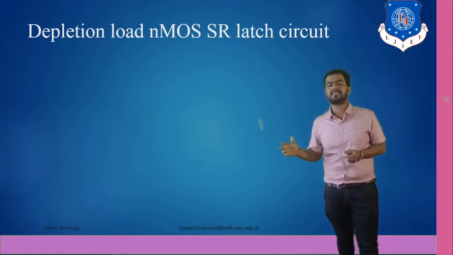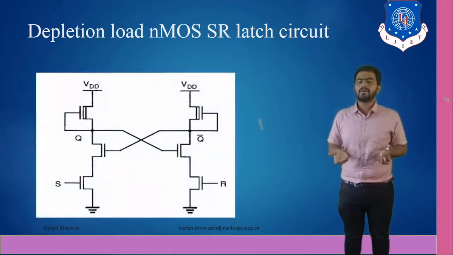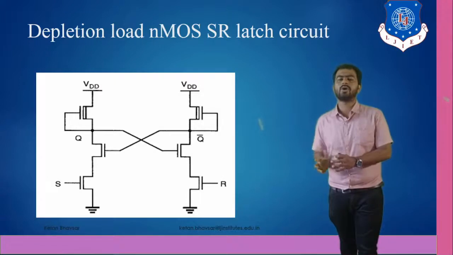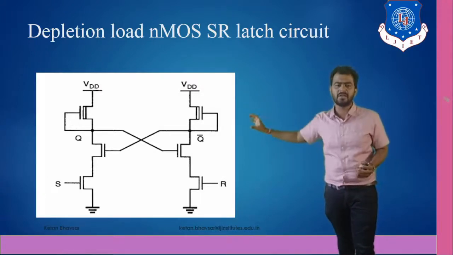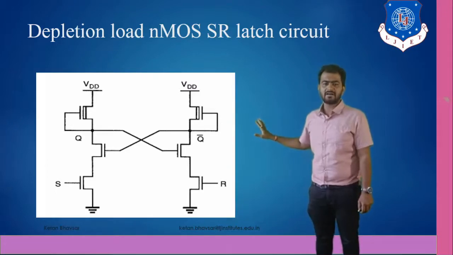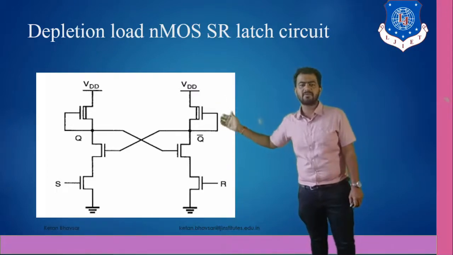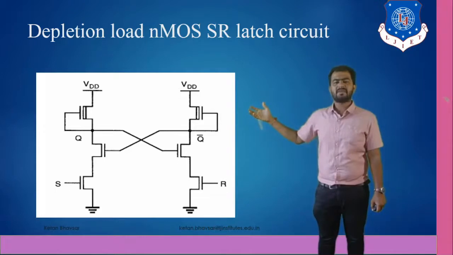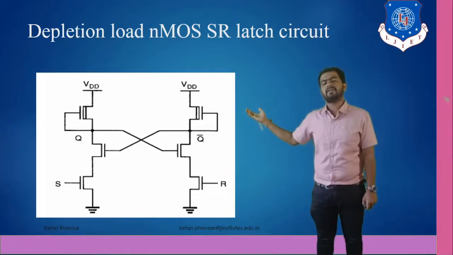Now you can design the SR latch based on the load. As I already told you, we have to take an NMOS depletion load instead of the PMOS. So we take one load transistor instead of the PMOS for the R side, and for the S side we again take one NMOS load.